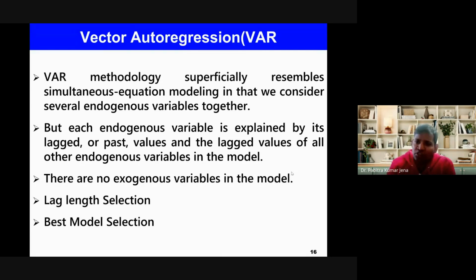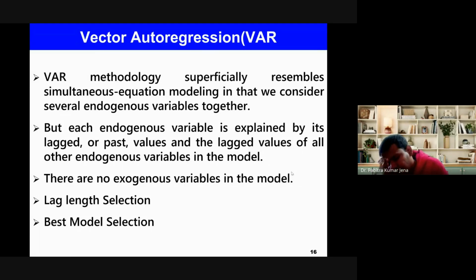So this is how VAR gives the result that no, in some cases our analysis is not corroborating with the theory, and from the data we are getting a different result. So the VAR is an atheoretical model. That means behind the VAR there is no theory.